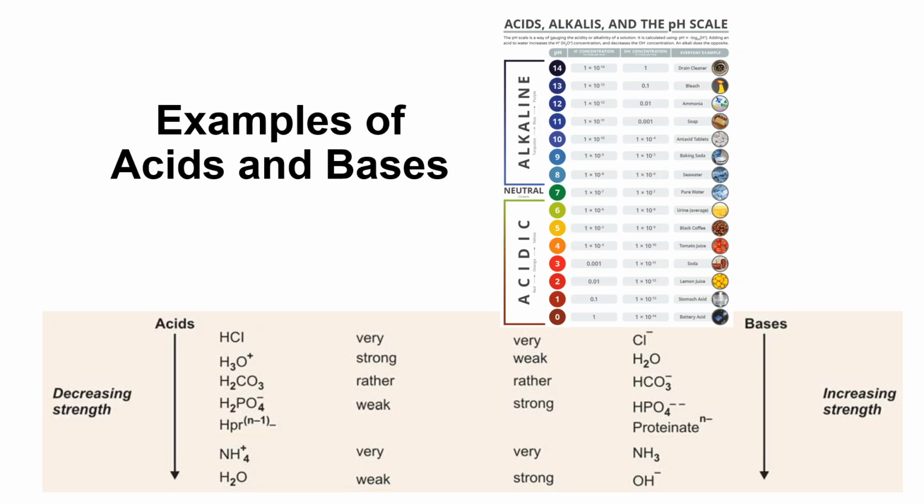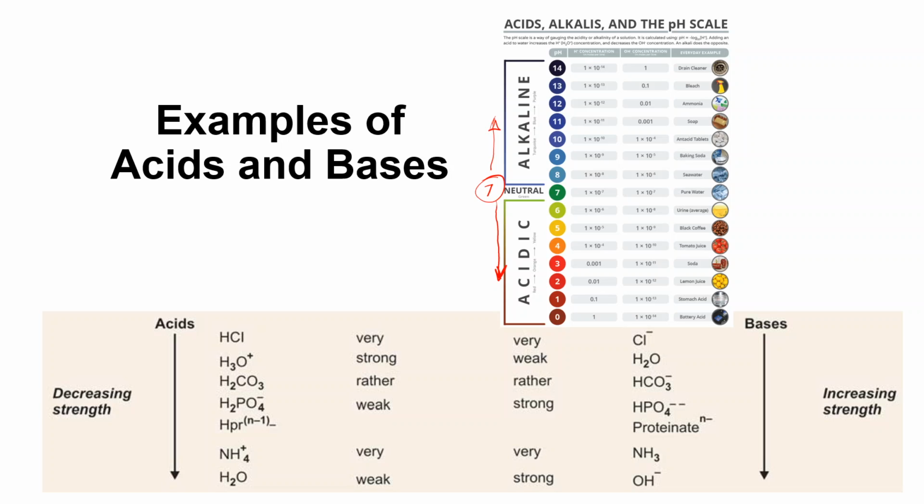Now, there are many examples of acids and bases in our surroundings. I just mention a few for the knowledge. This is the pH scale. As we go to a lower pH, the acid is stronger, and as we go to a higher pH, the base is stronger, and 7 is neutral. Above 7 is the alkaline or basic pH, and below 7 is the acidic pH.